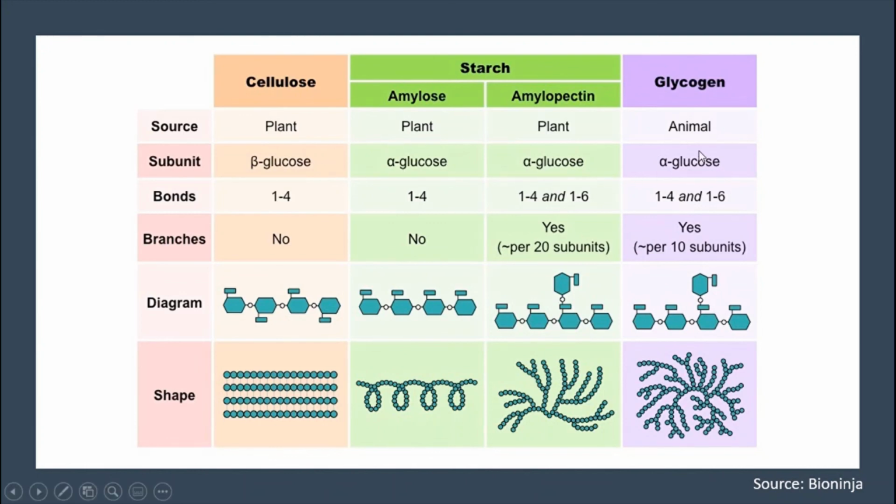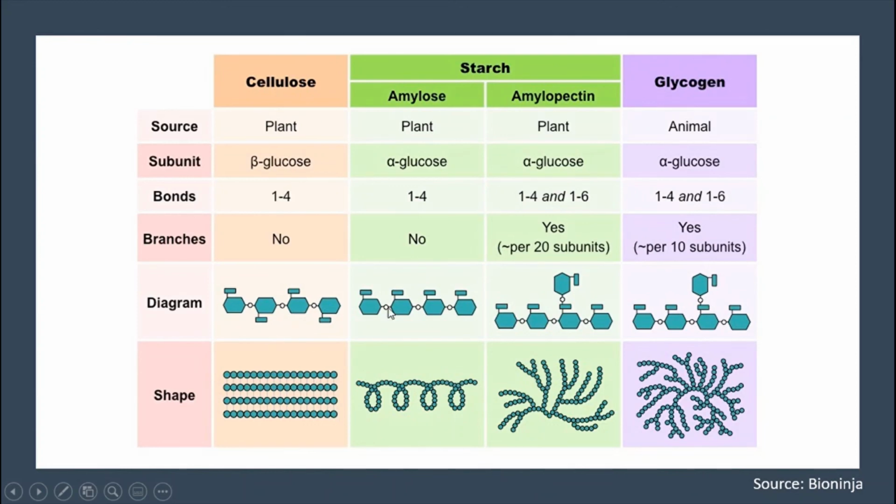For all of them, they're made of alpha glucose, except for cellulose, which is made of beta glucose. Now we remember that glycogen is branched, and so is amylopectin, but amylose and cellulose are unbranched. And this is what these 1,4 and 1,6 links mean. So a 1,4 link refers to being unbranched, whereas the 1,6 linkages is where the branches take place.